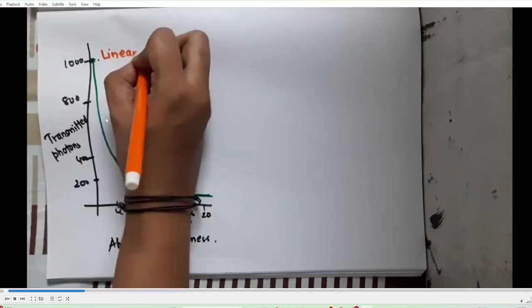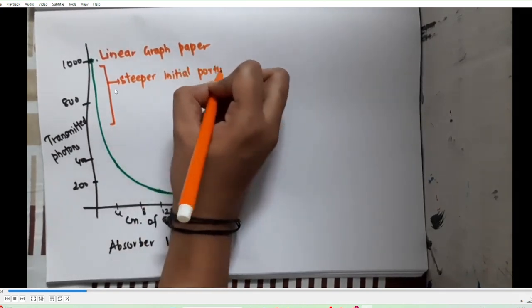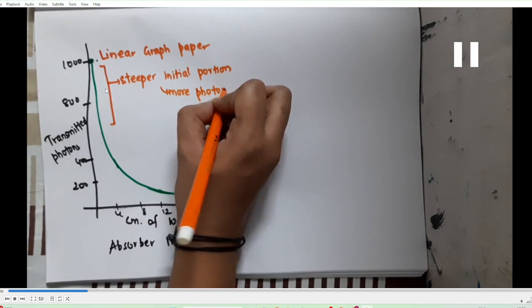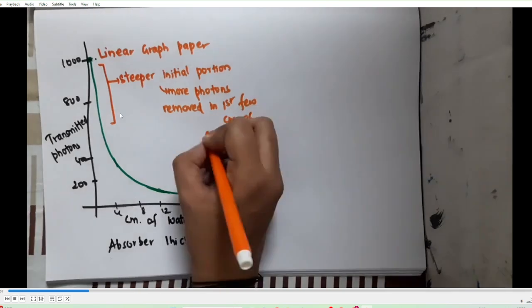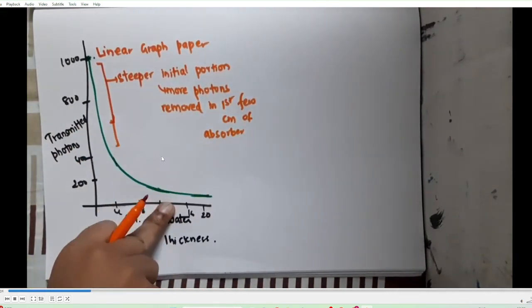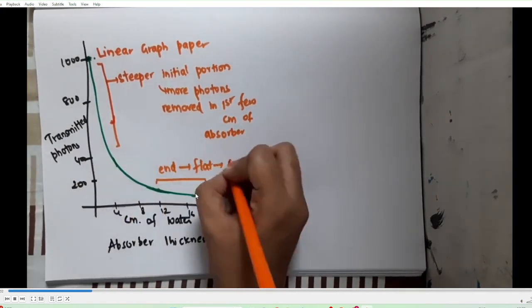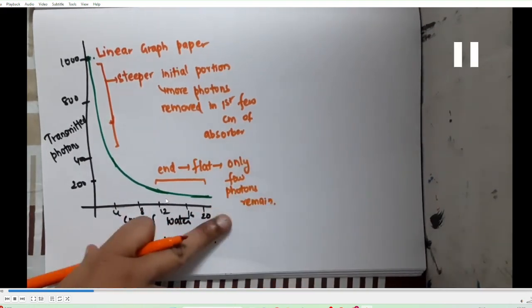In this curve, the initial portion will be steeper because more photons are removed from the beam by the first few centimeters of absorber. After the beam passes through a few centimeters of water, only a small number of photons remain. Although each centimeter removes 20% of the photons, the total number of photons is small, so the end of the curve is flat.